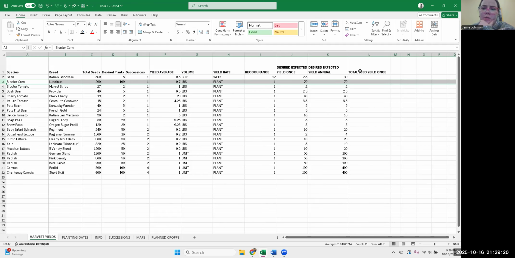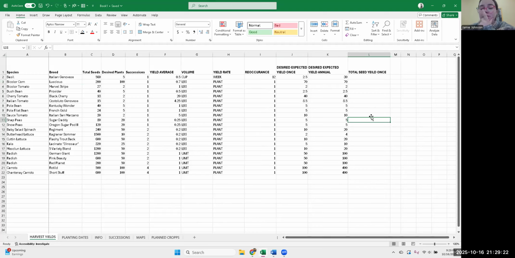What am I talking about once? Now, these numbers are useful. Yield harvests are often used to estimate how much cost you're putting into a crop or how much money you're going to make from a crop.